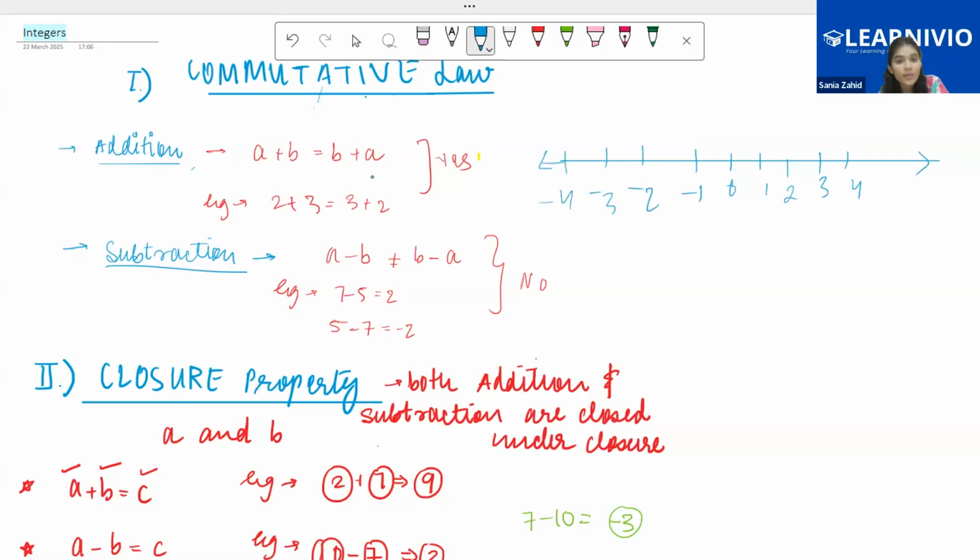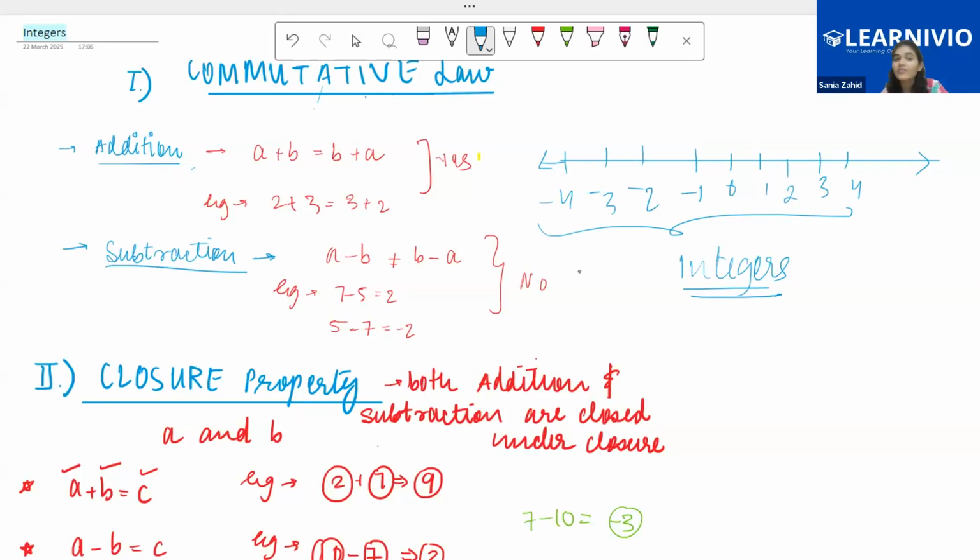All the negative numbers and positive numbers along with 0 are known as integers. So -1, -2, -4, 1, 2, 3, 4, 0, all of these are integers. Okay, Salman, clear? Yes, ma'am.